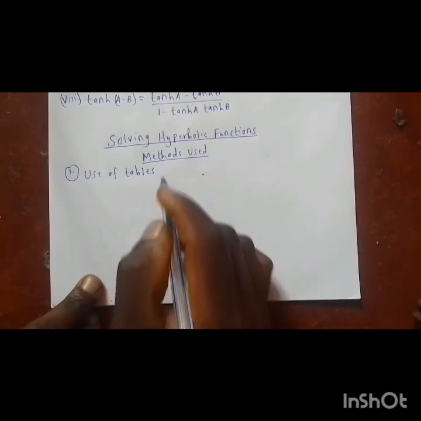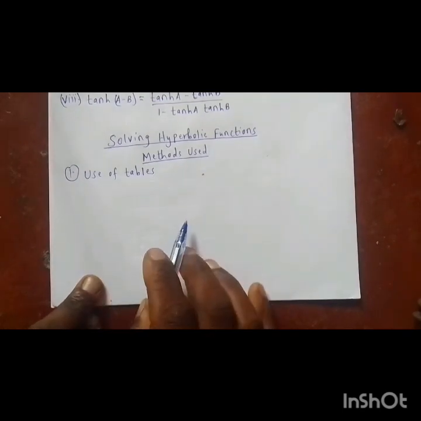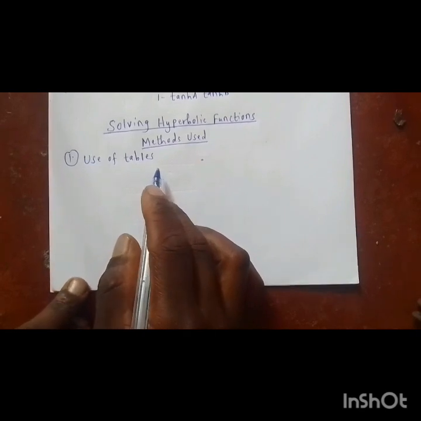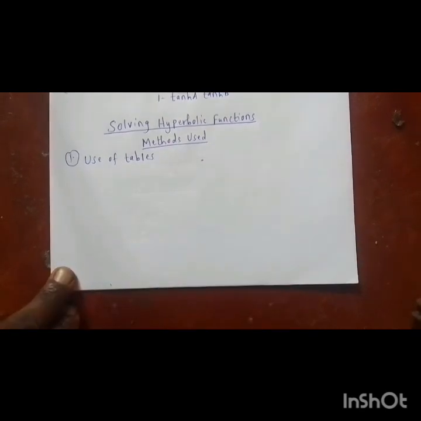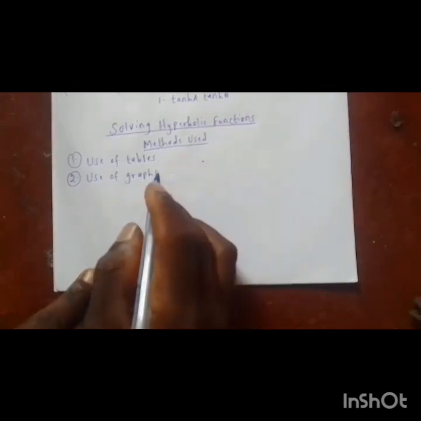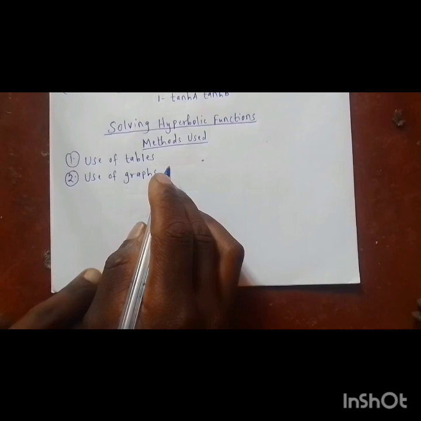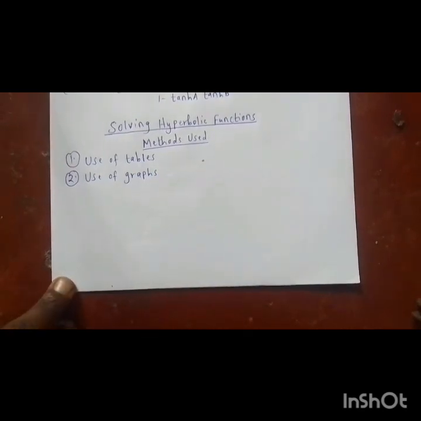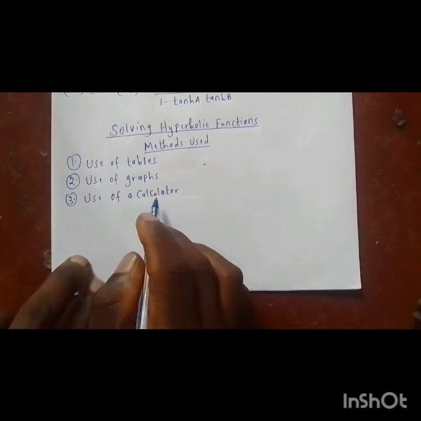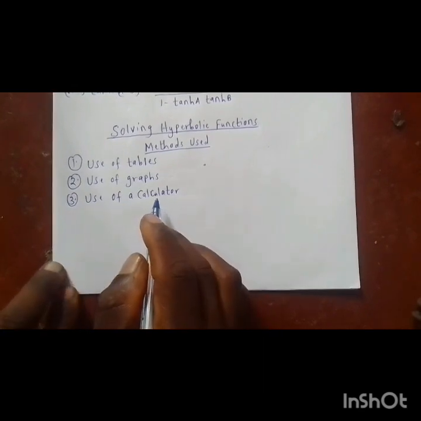This method is not commonly used. Another method is use of graphs. The values can also be found graphically. The use of a calculator is also another method that is commonly used.